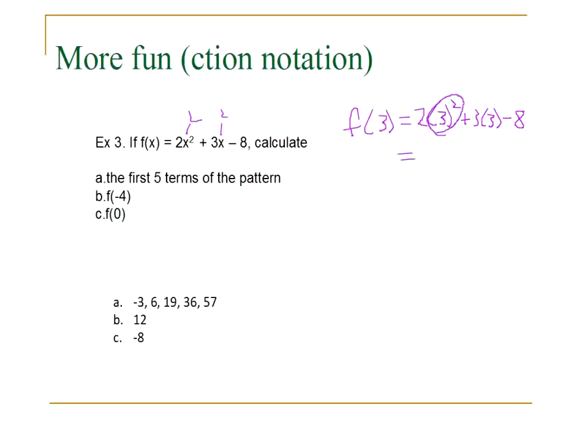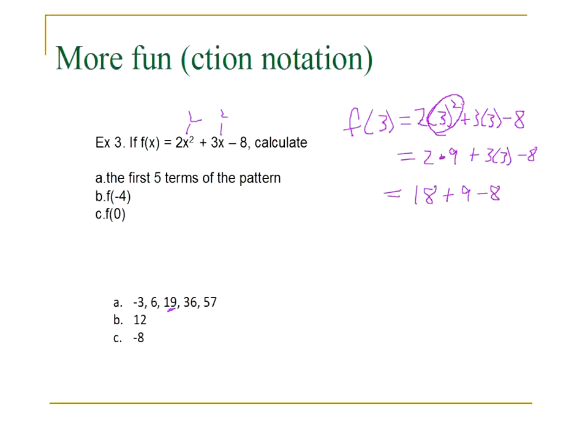So I have to square the 3 first, which is 9. Then I multiply it by 2. I don't have 6 squared. I don't have 36 here. I have 18. And so you can see that the third term is 19.